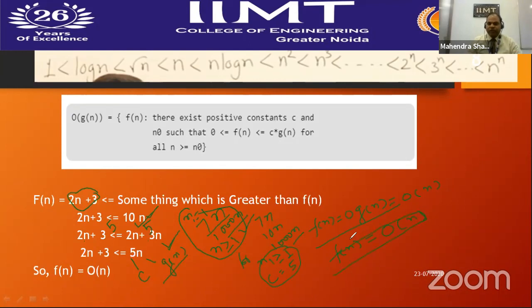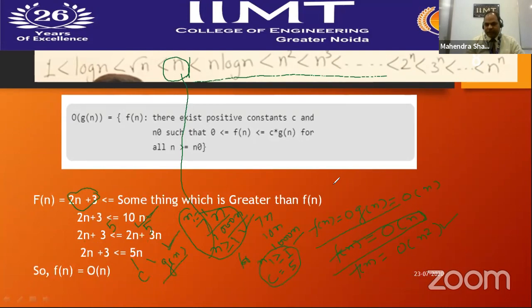Now the question is whether f of n is equal to order of n square will be correct or not. Yes, correct. Actually, we are talking about the upper bound of the function. So for anything greater than n, all the functions will satisfy the condition.